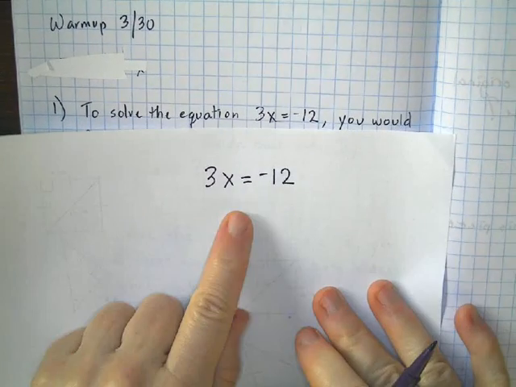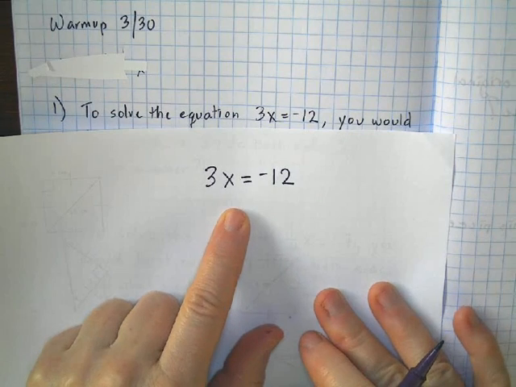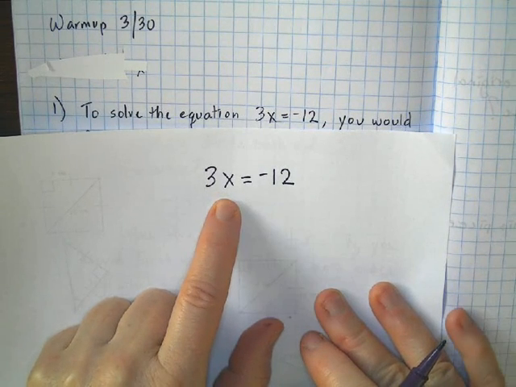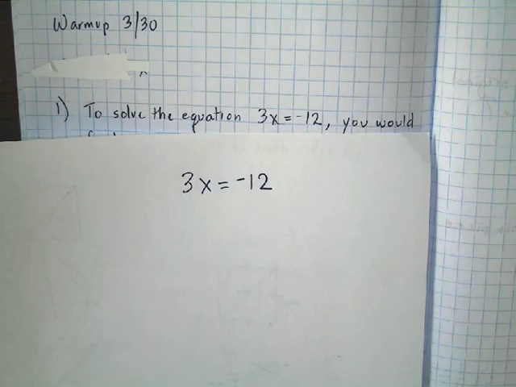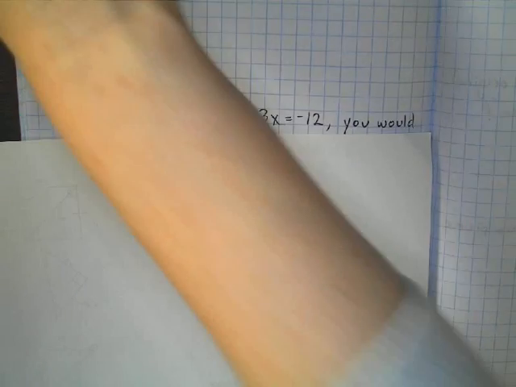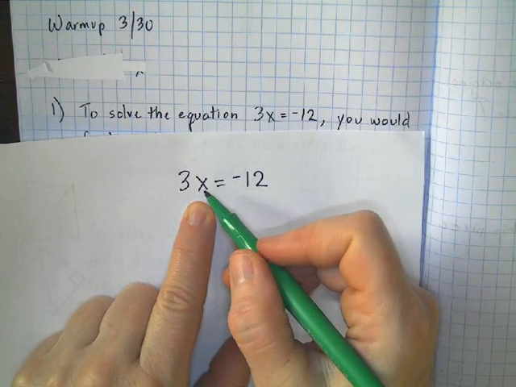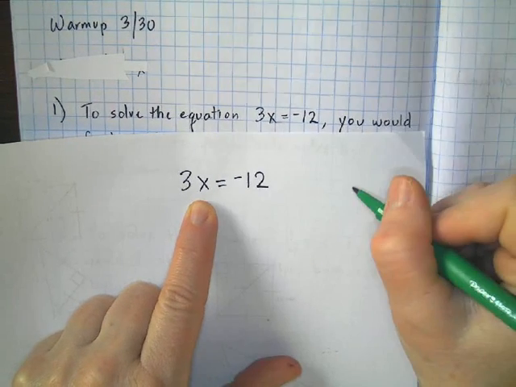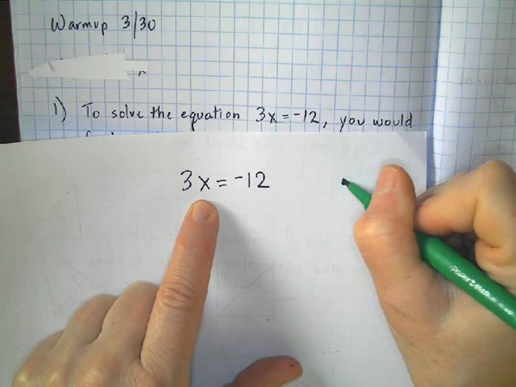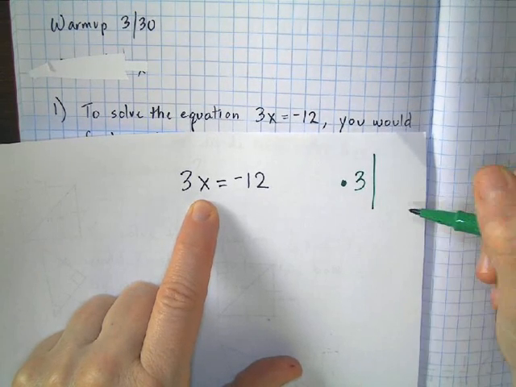So here's the problem. If I was going to get x by itself, how would I do this with the balance method? With the balance method, I would look at the x and ask, how was it constructed? It was constructed by multiplying by 3. And that's it. That's the only thing here.